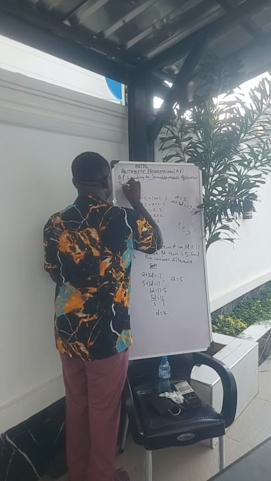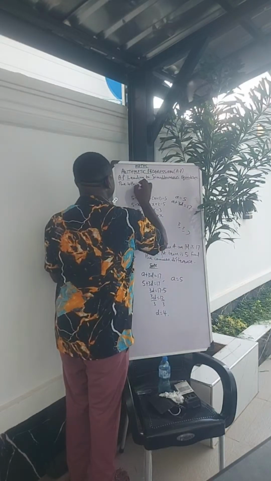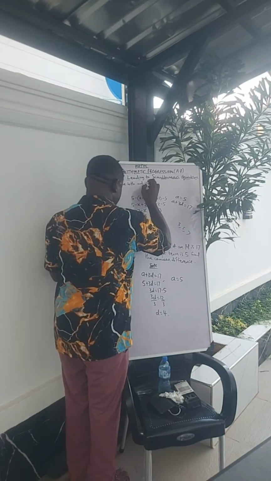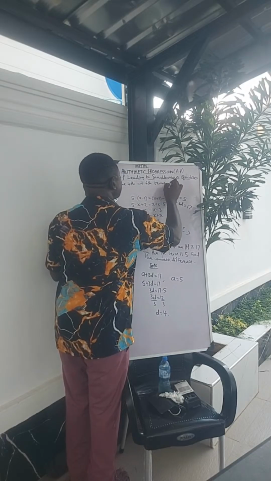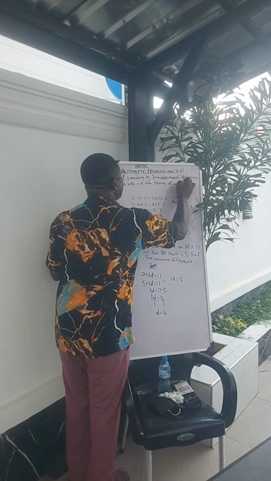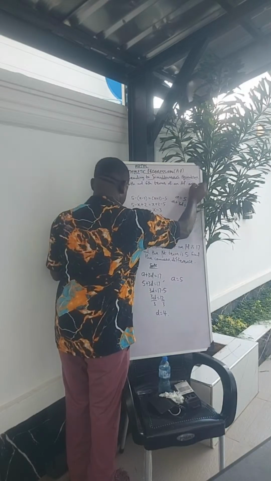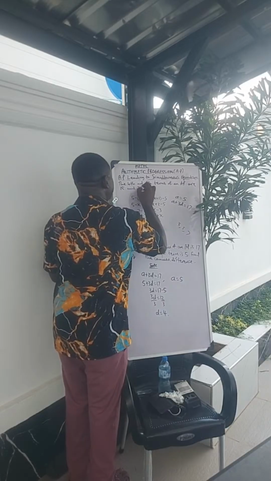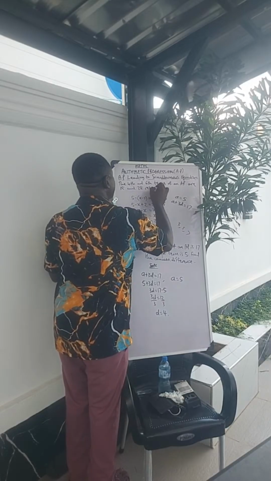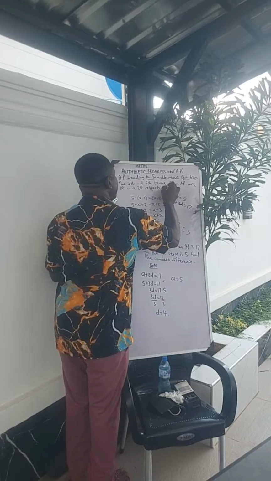So write down the fourth and sixth terms of an AP. The fourth and sixth terms of an AP are 18 and 28 respectively.